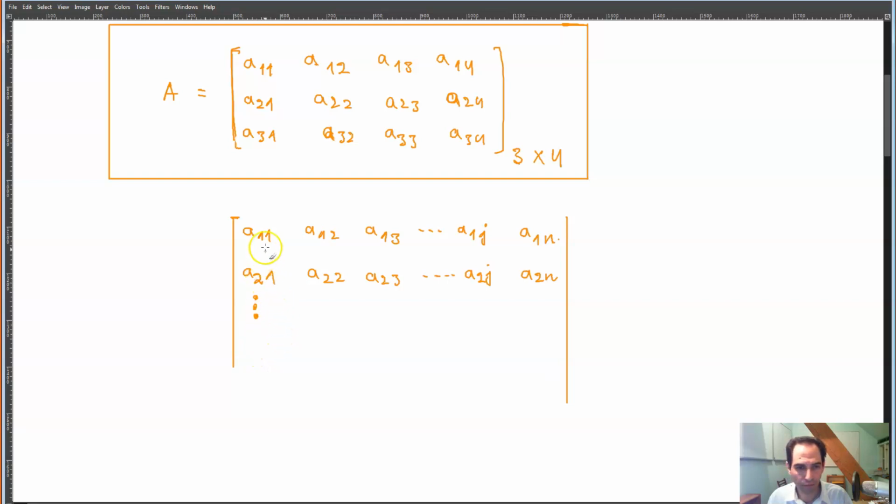Over here you can see that you have column 1, column 2, column 3, and over here you reach column j.